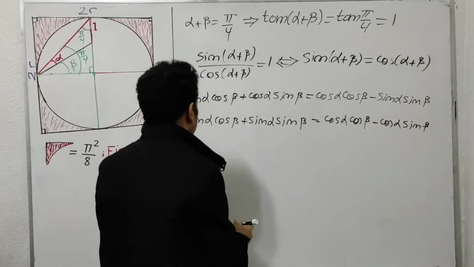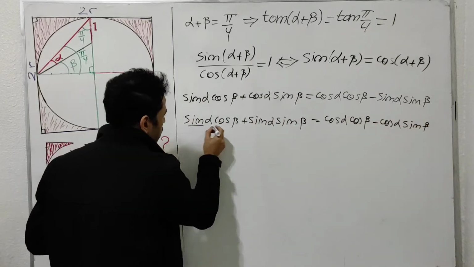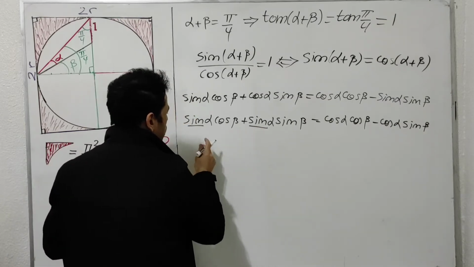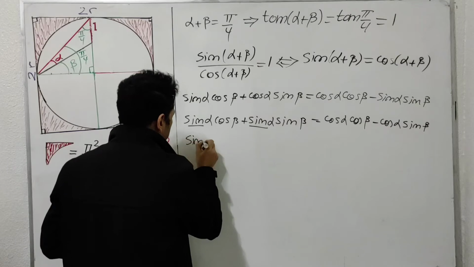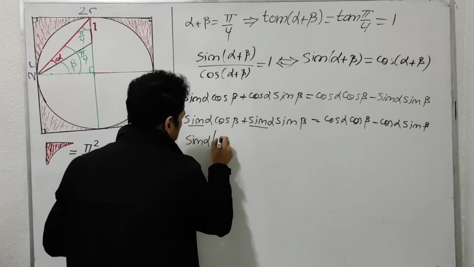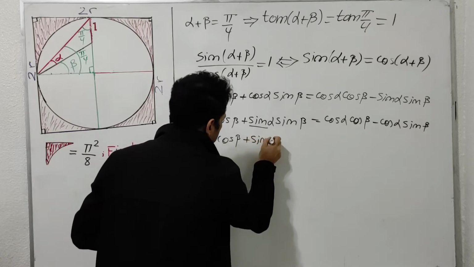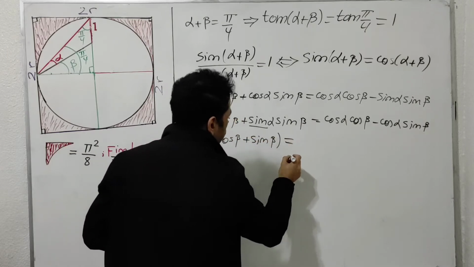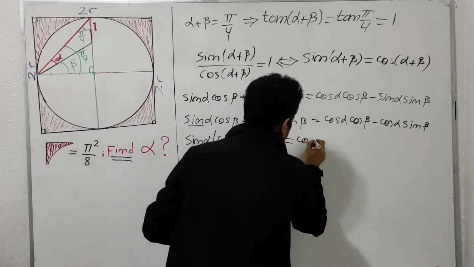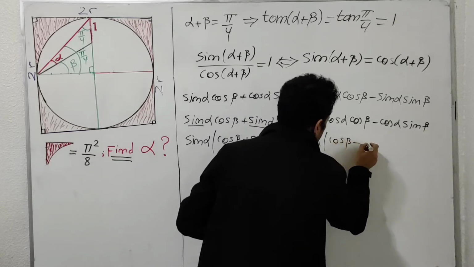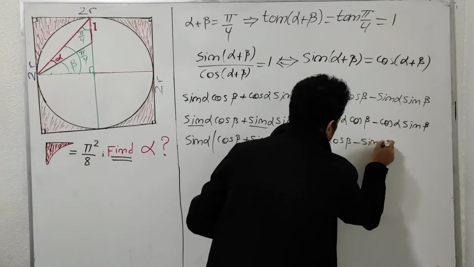If you take a look here, I have sine alpha as a common factor for both terms. I will put sine alpha multiplied by cosine beta plus sine beta equals cosine alpha multiplied by cosine beta minus sine beta.